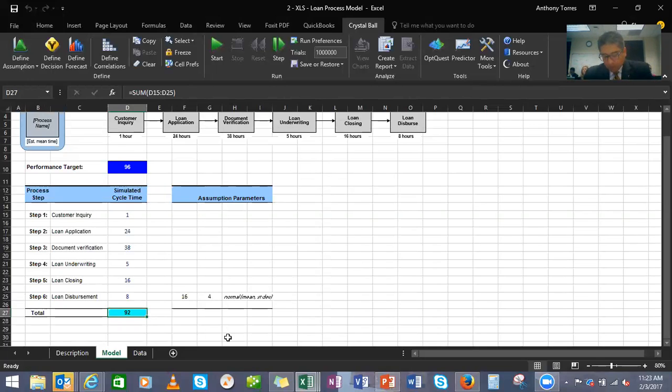So we did that, and we put them in a big histogram and tried to see the disbursement, and it turned out that it's normally distributed at 16 hours with a standard deviation of 4. So it's very different than our base case model, right? It turned out that the historical values show loan disbursement has a mean of 16, whereas our base value was 8.